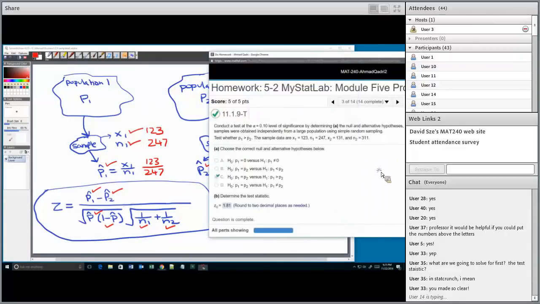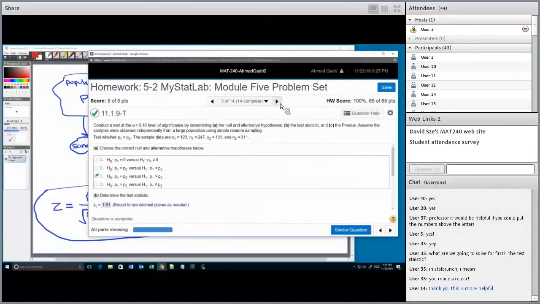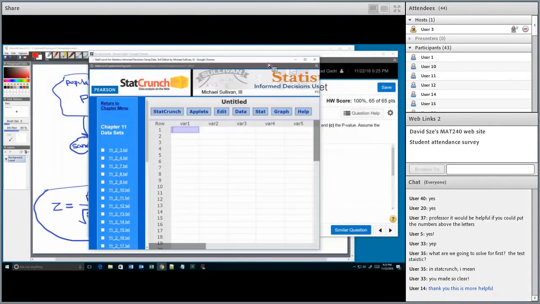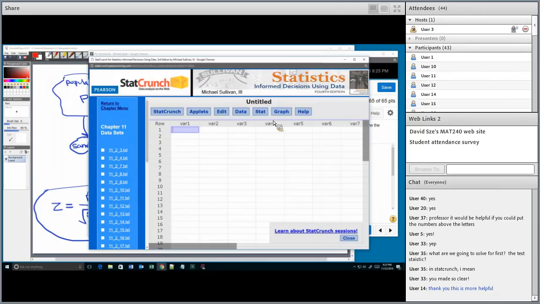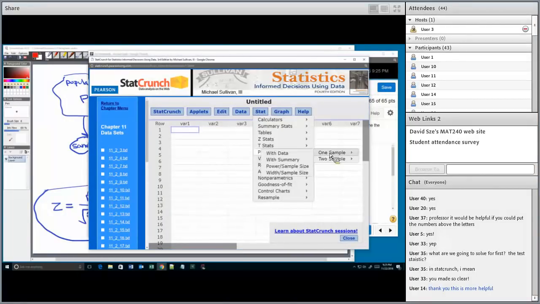Now, if we go back to StatCrunch, let me open this in StatCrunch. And so if you remember, for proportions, we used Stat, Proportion Stats, and we used one sample last week. But did you notice that we also have a two sample option?